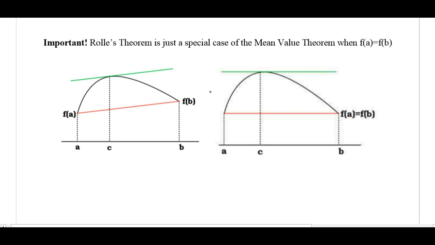So this graphical representation of Rolle's theorem shows f of a equal to f of b, so that the slope of the secant line is horizontal, so there must be a place between a and b, c, such that the derivative at c is 0, so that the slope of the tangent line at c is horizontal.